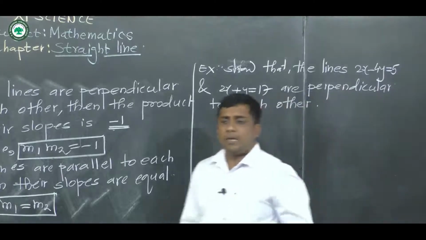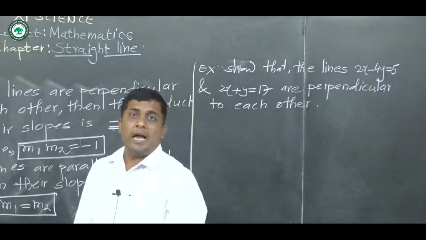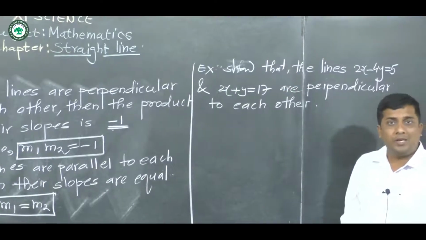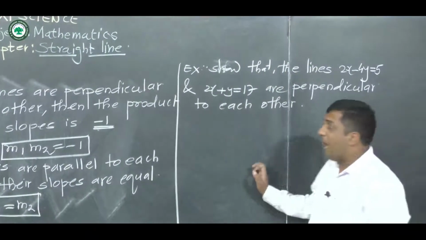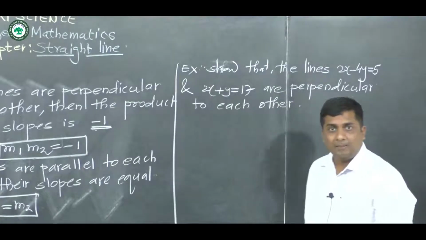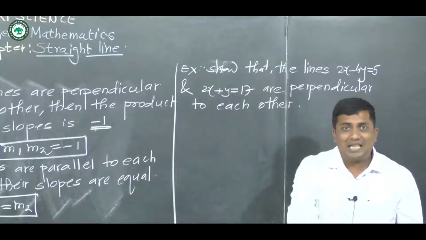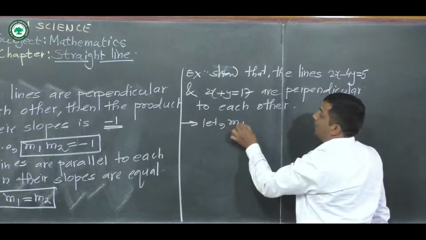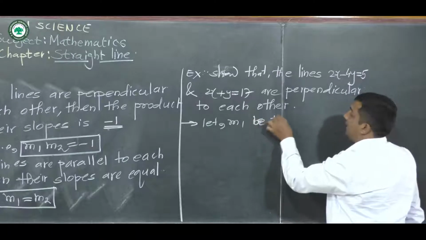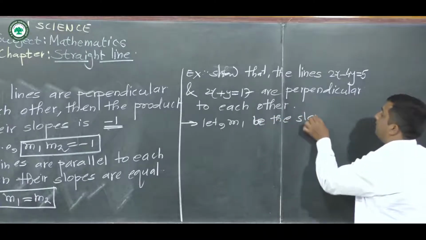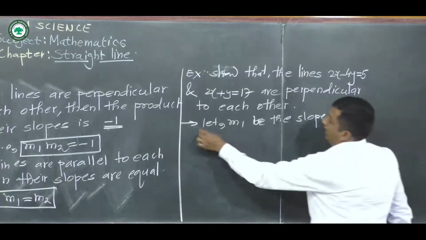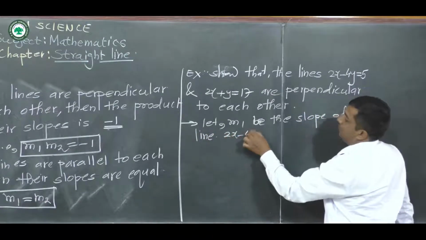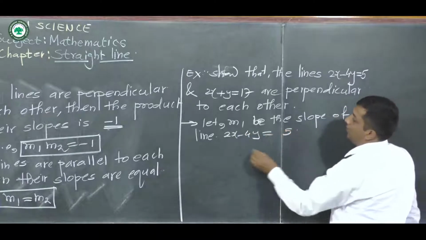Okay, here again by using our first concept we have to show that the given two lines are perpendicular to each other. To do this we consider the slopes of the lines. Let m1 be the slope of the first line, m2 be the slope of the second line. Let m1 be the slope of the line 2x minus 4y is equal to 5.